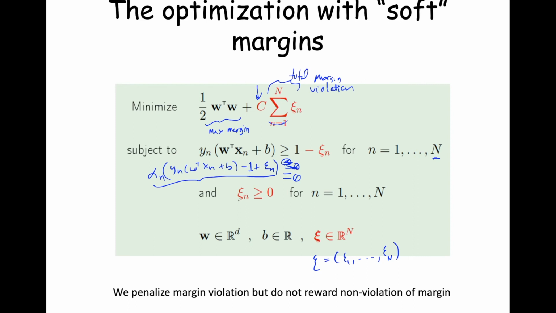And when we say we sum these up, sum of all the psi n's summed up for n goes from 1 to big N, that's going to be greater than or equal to 0. So now if we change this into an equality constraint equals 0, we absorb this with another Lagrange variable, and we're going to call that b. So we have a bn for each one of these psi n's.